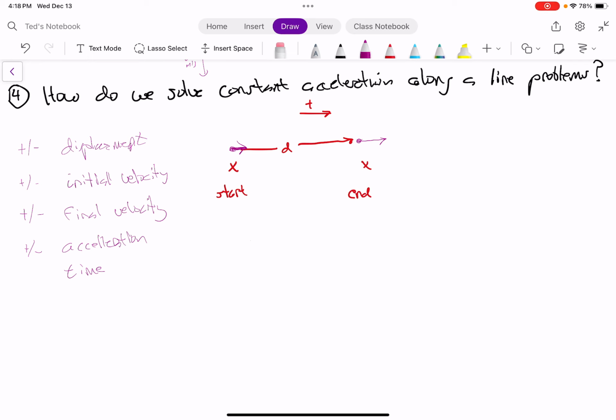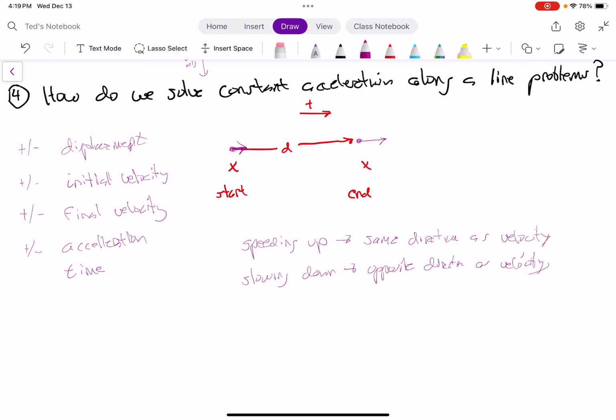If you are speeding up, then your acceleration is the same as your velocity. If you're slowing down, that means your acceleration is the opposite direction as the velocity.